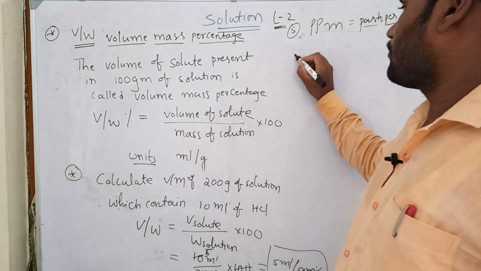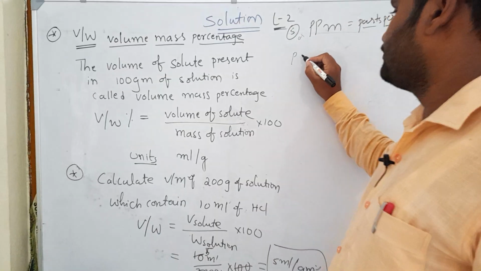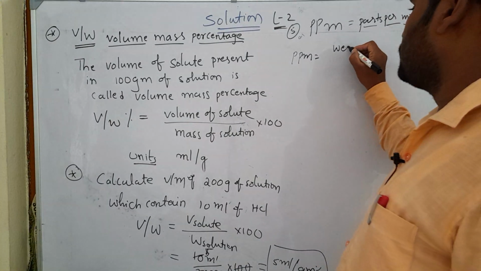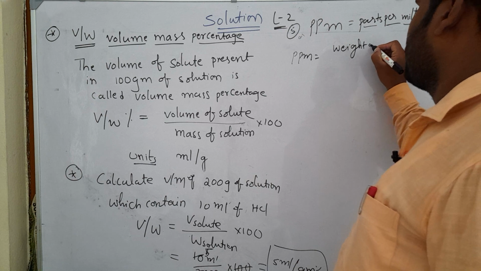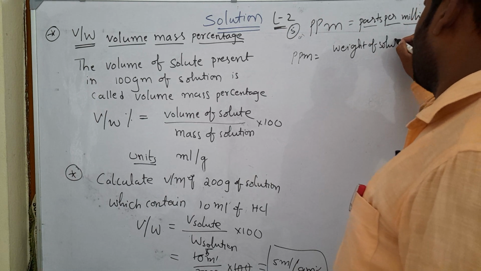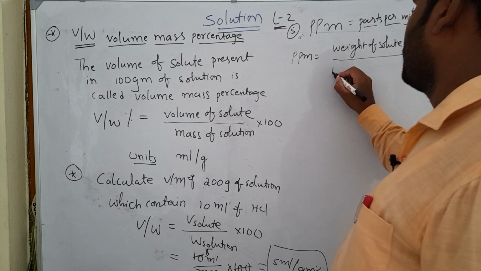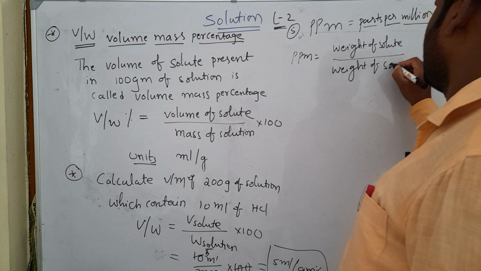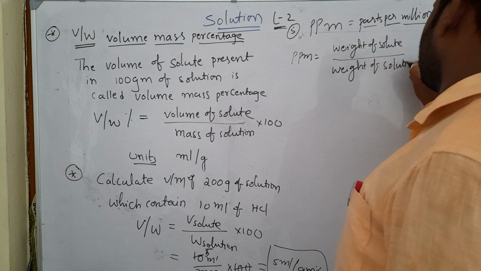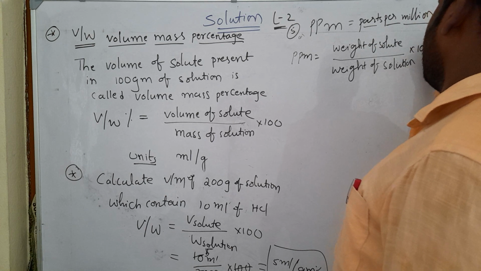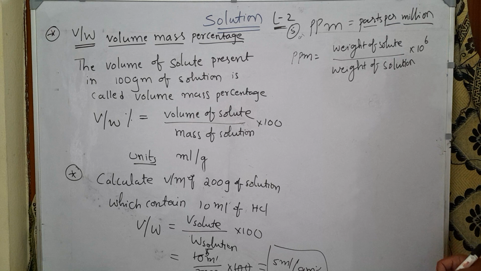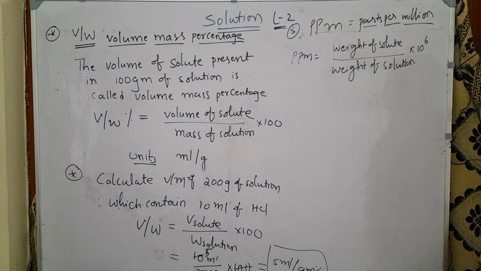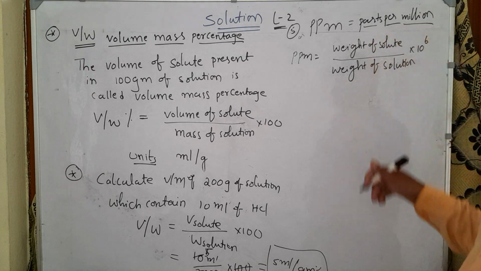So the ppm formula is weight of solute by weight of solution into 10 power 6, meaning the number of parts present in 1 million parts, which is nothing but parts per million.